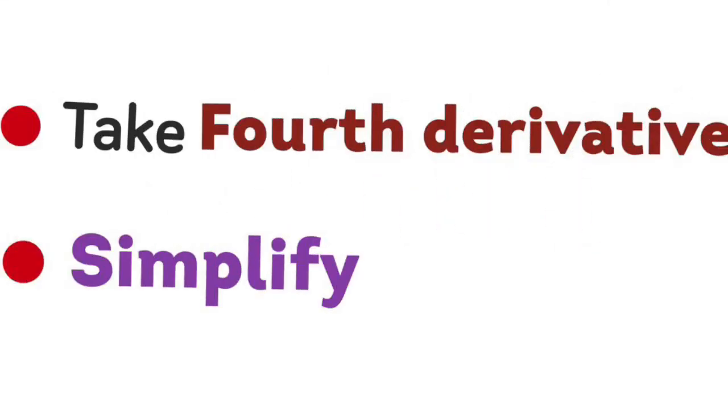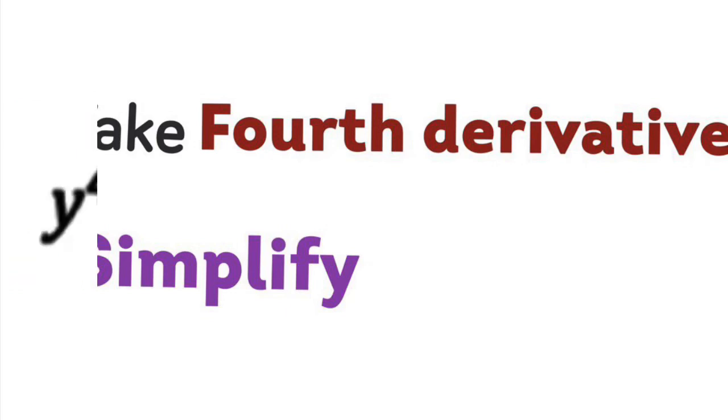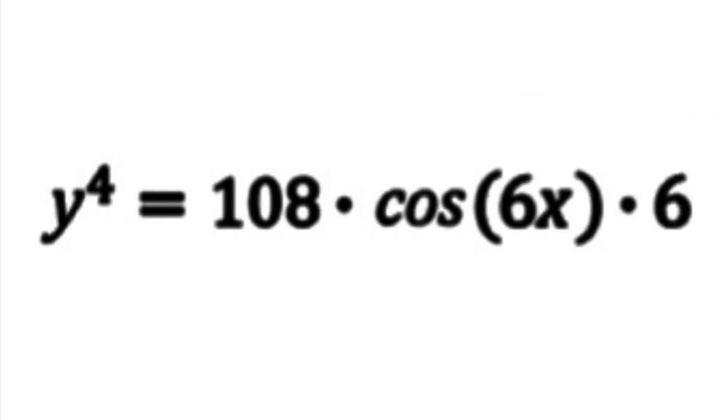Now we are going to find the fourth derivative. So in this again we are going to use two steps. First, take the fourth derivative, and second one is simplify. So let's differentiate it. We will get y raised to 4 equals to 108 into the derivative of sin 6x, which is cos of 6x into the derivative of 6x, which is 6.